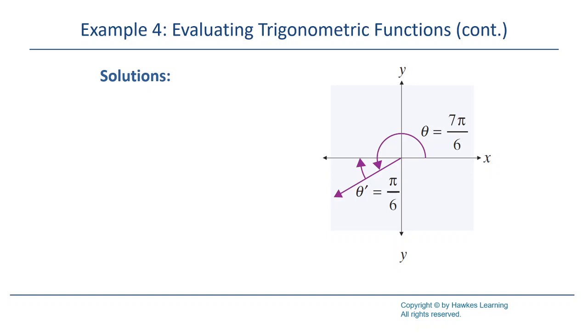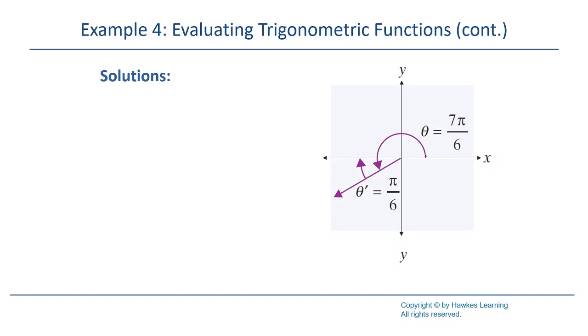And if you look at that and go, okay, how does cosine of pi over 6 help me when I'm trying to find cosine of 7 pi over 6? Remember throwing the things into the reference angle idea? Well, now what you need to look at is 7 pi over 6.